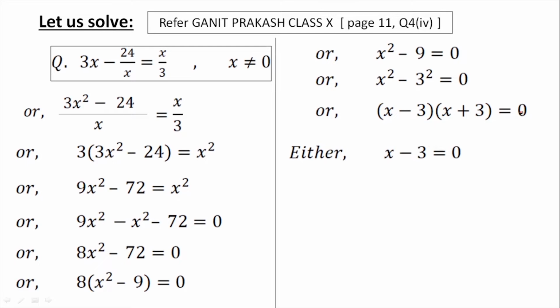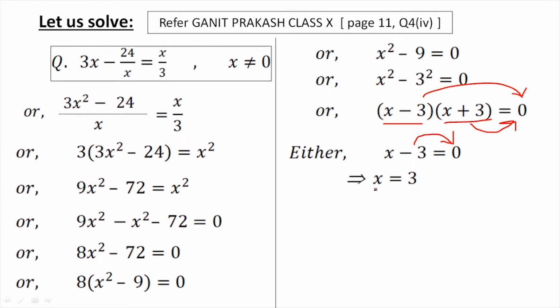Now either x minus 3 will be equal to 0 or x plus 3 will be equal to 0. So x minus 3 equals 0, taking 3 onto the right hand side, we have x equals 3.